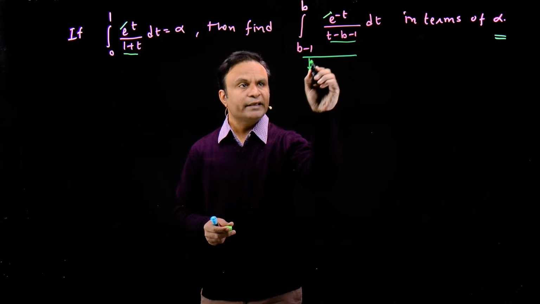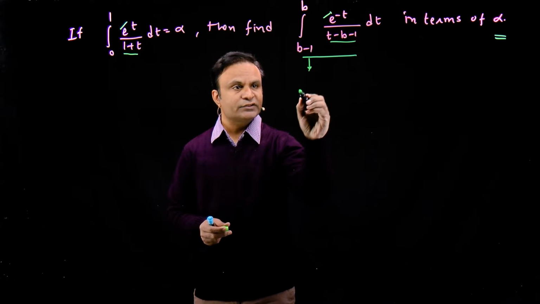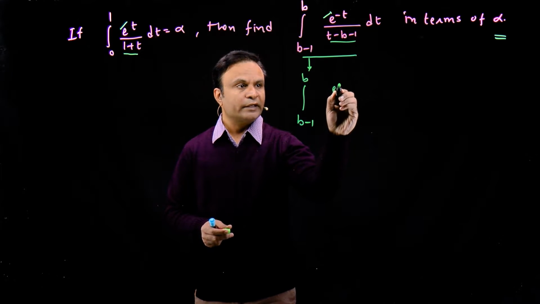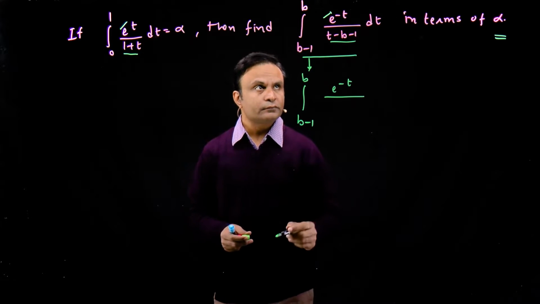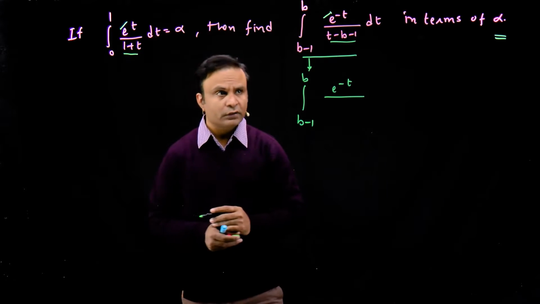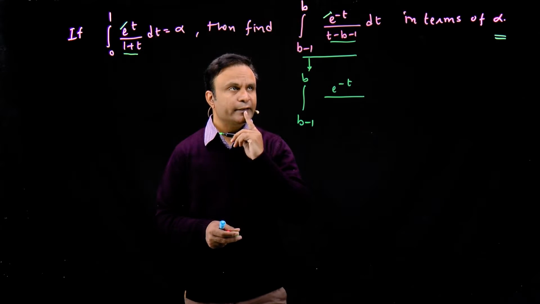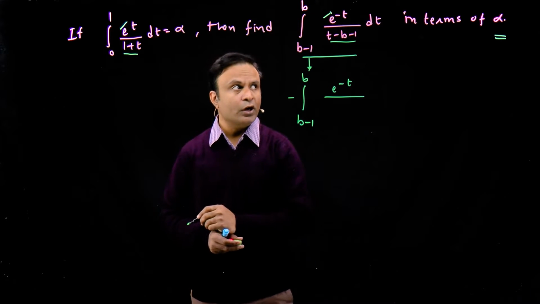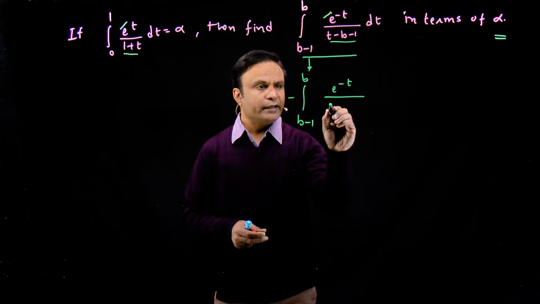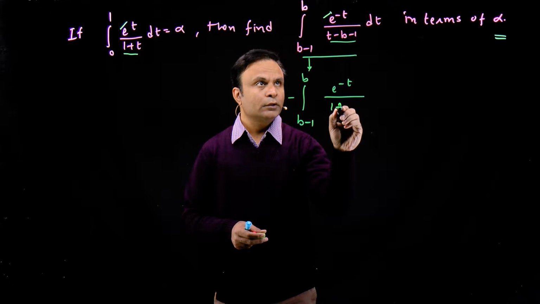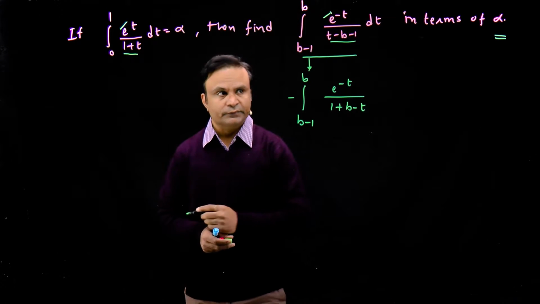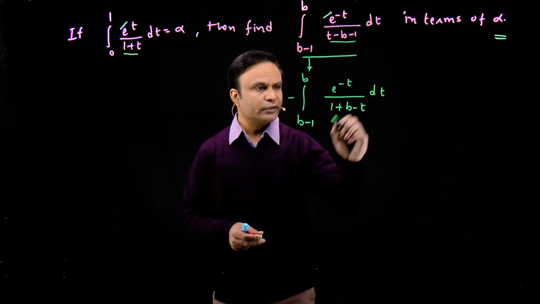So I can arrange this and rewrite it like this. Since here we have 1, I can take the minus sign common, and then I have 1 plus b minus t. Here we have dt.